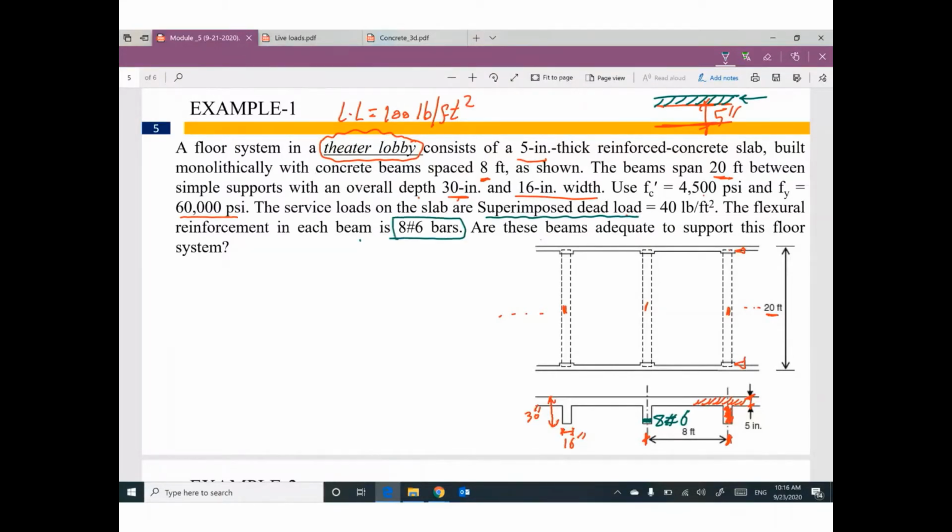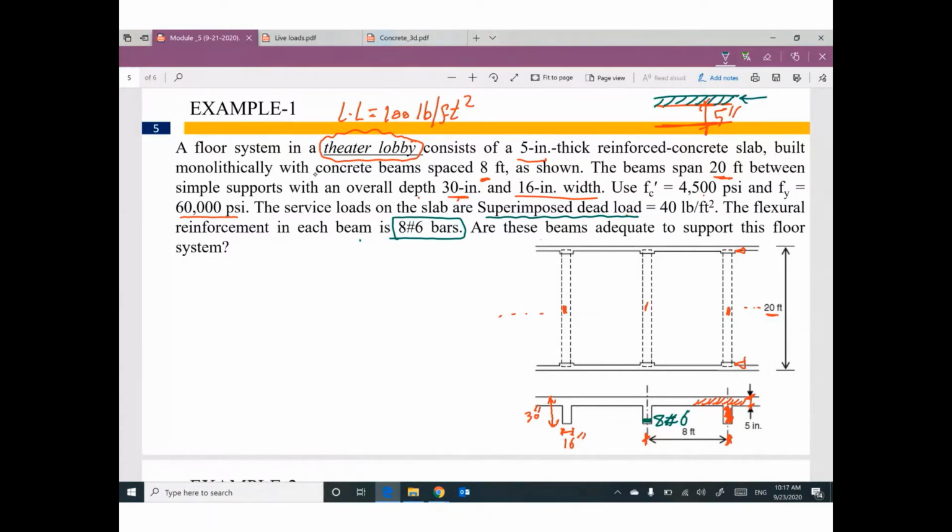Everything is given. So what's the question? Concrete beam dimensions are given. Steel reinforcement is given. Everything is given. What is the question? The question is, do you think these beams are safe?